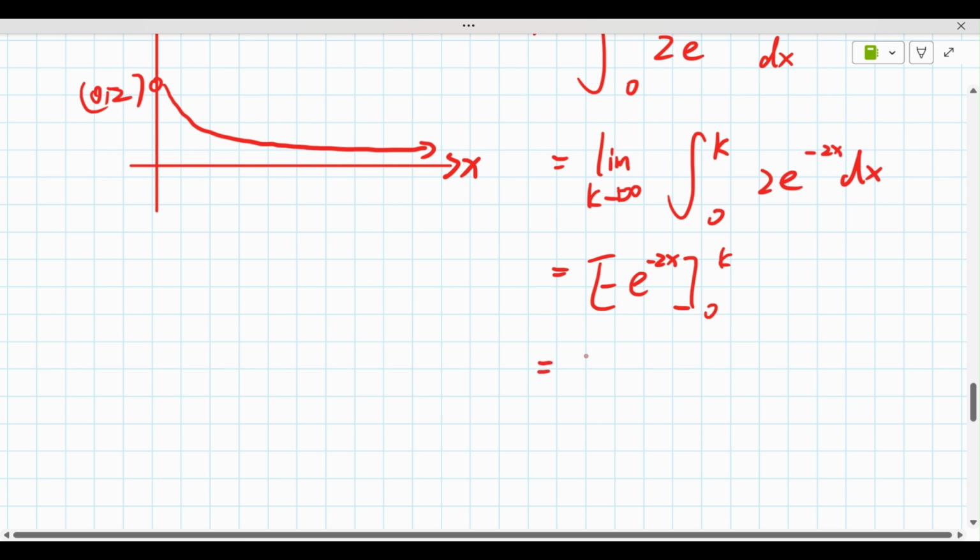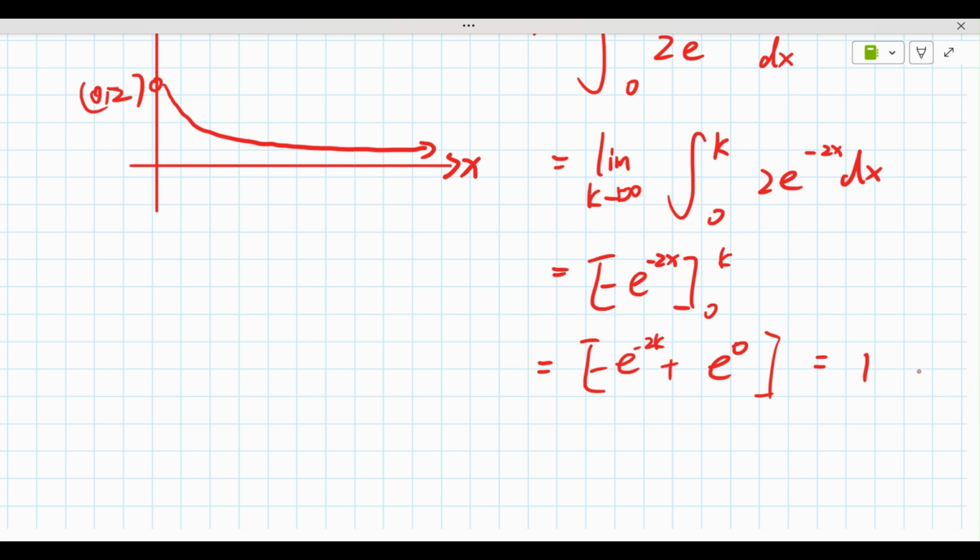So we can say negative e to the negative 2k plus e to the 0, so that equals 1. The k can be any number, so as k gets bigger, e to the negative 2k gets closer to 0.